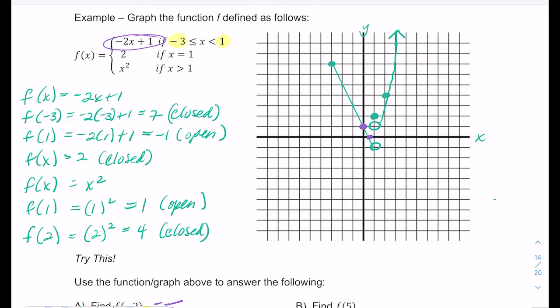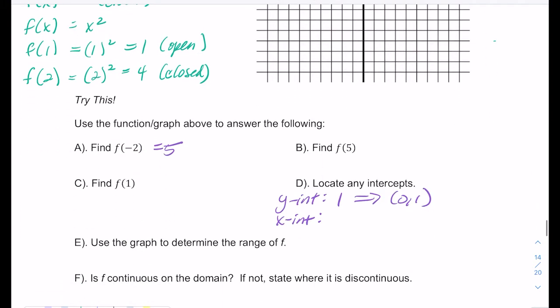So I'm going to take f of x equals negative 2x plus 1, or y equals negative 2x plus 1. Remember, to get the x-intercept, you make y equal 0, and then just solve for x. So if you solve that for x, you end up getting 1/2. And remember, you can write that as 1/2 comma 0 for the intercept.